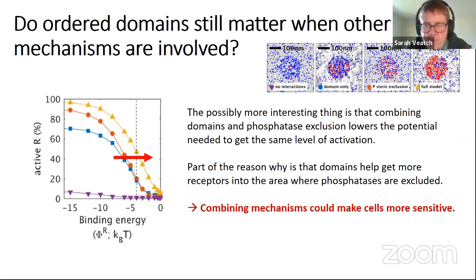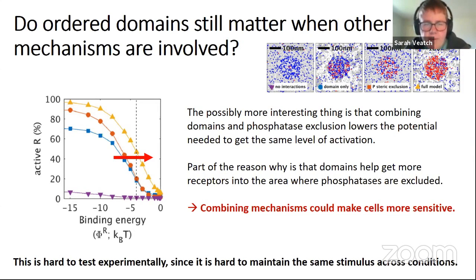So in principle, at the end of the day, we could say combining these two mechanisms would enhance the sensitivity of cells. Experimentally, we would love to test this directly, but it's tricky to come up with an experimental scheme that controls all of the factors that you would like to control while you're doing this experiment. And so we didn't go that far.